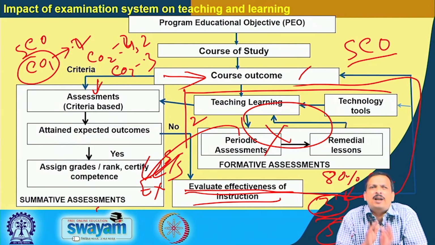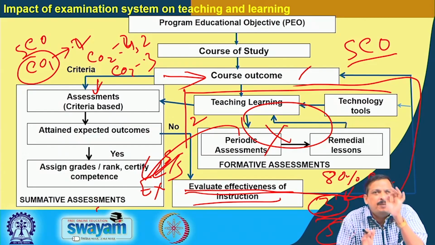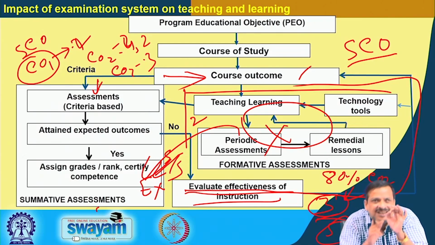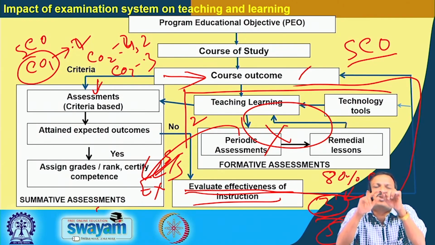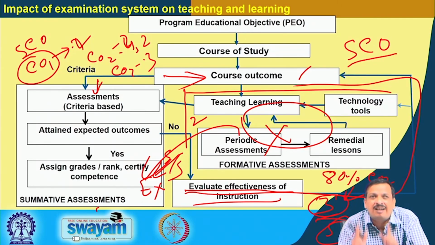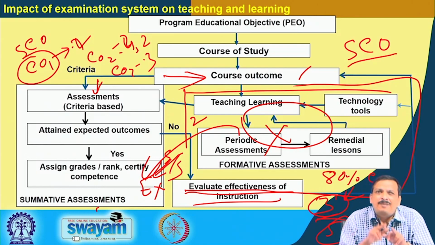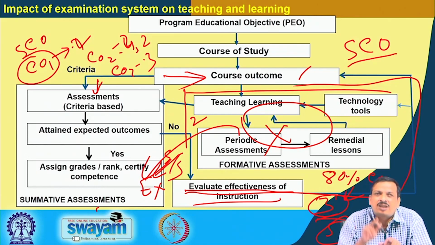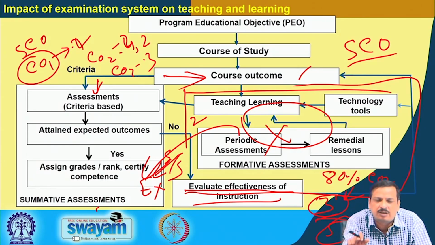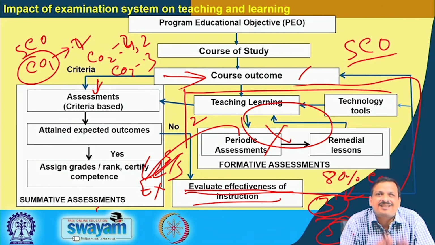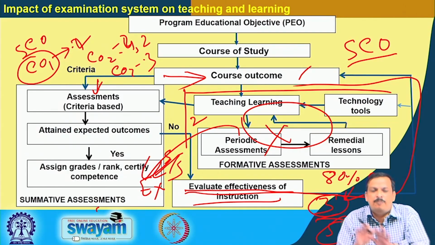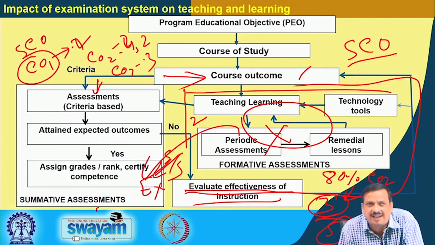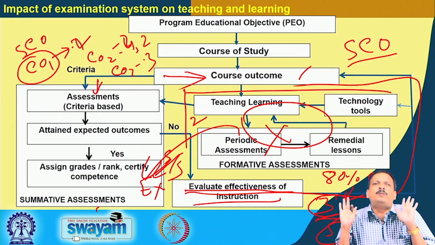If you see in our framework, we have said every outcome must be related to an assignment, so that the student can test whether he achieved those outcomes or not. That is called self learning. Here I am testing the students to certify their competence. That is why assessment is criteria based. And formative assessment, which is called periodic assessment, has the purpose of providing feedback to the students.